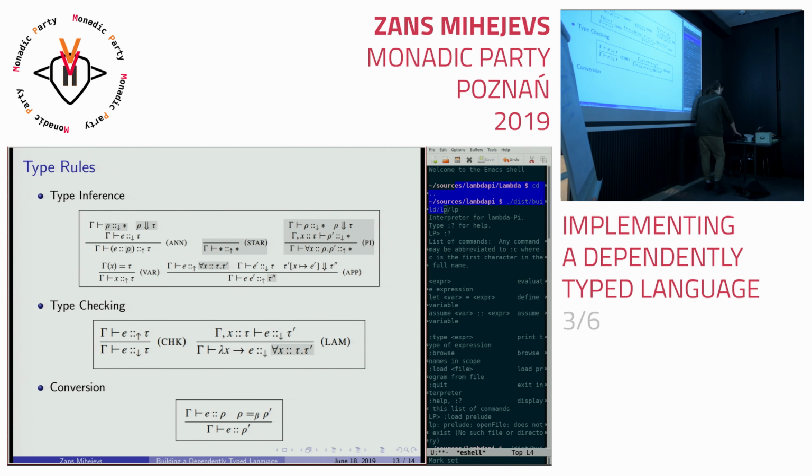So here we have the conversion rule, which is the equality check. If we have an expression E of type P, and P includes some computation that reduces to P dash, then it's the same as saying that E has type P dash.